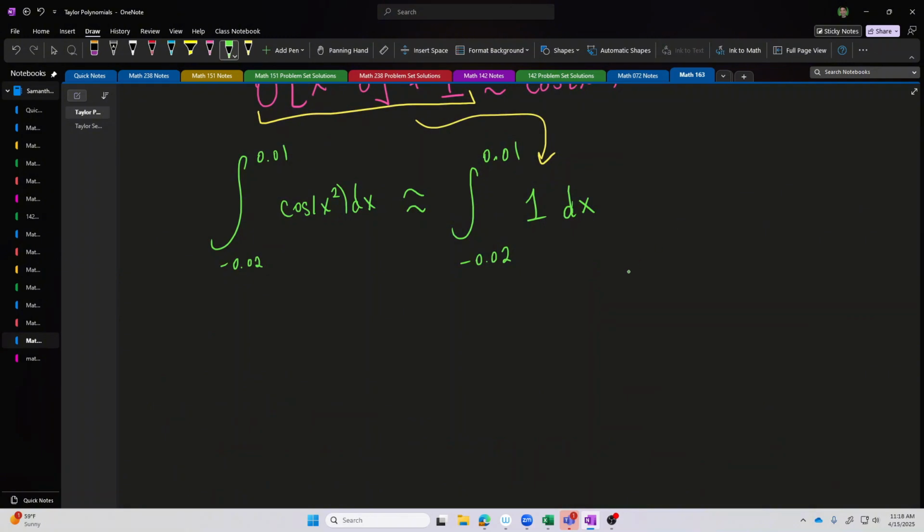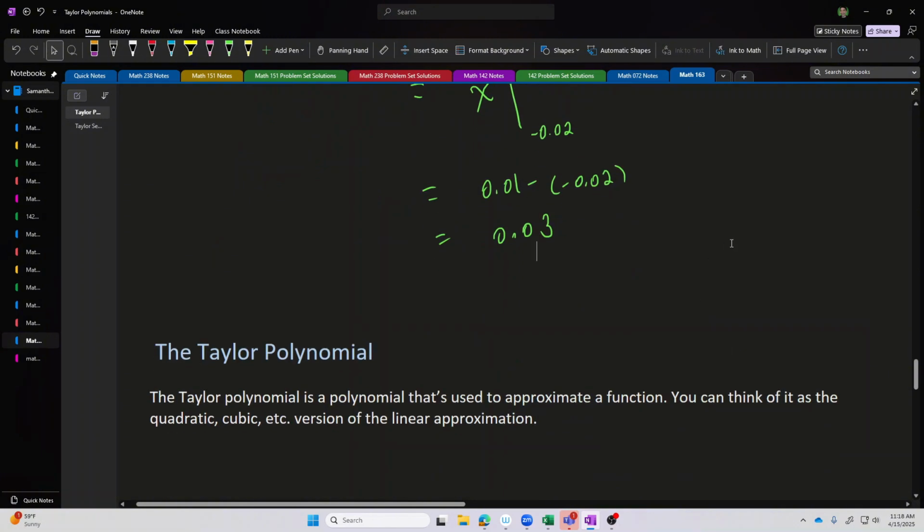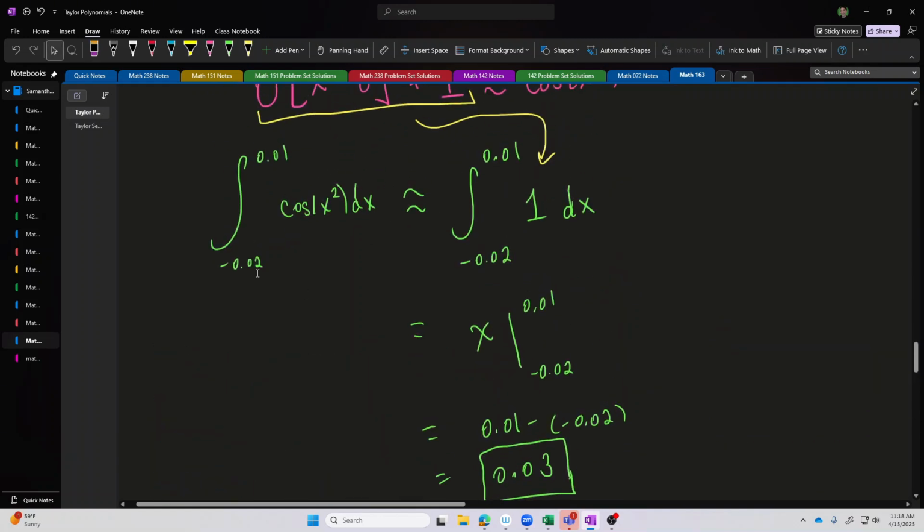To integrate 1, all you have to do there is find the antiderivative x and then plug in the two x values on the limits. And so we find that the value of this integral is approximately equal to 0.03 units. That would be my quick estimate for the value of this integral.